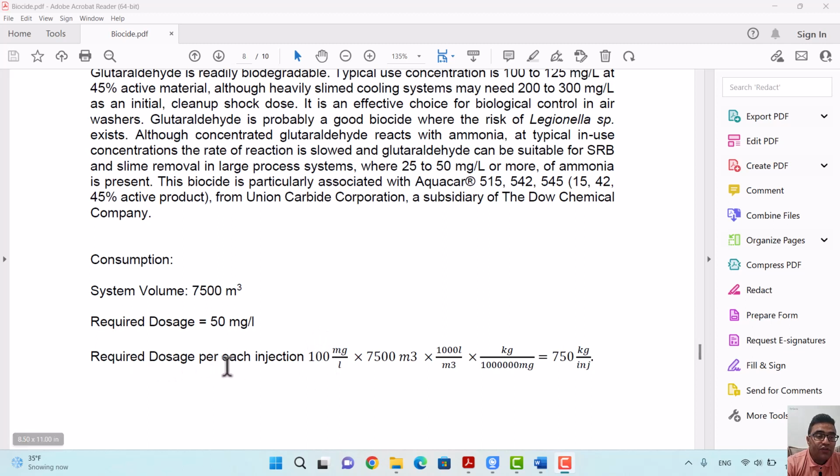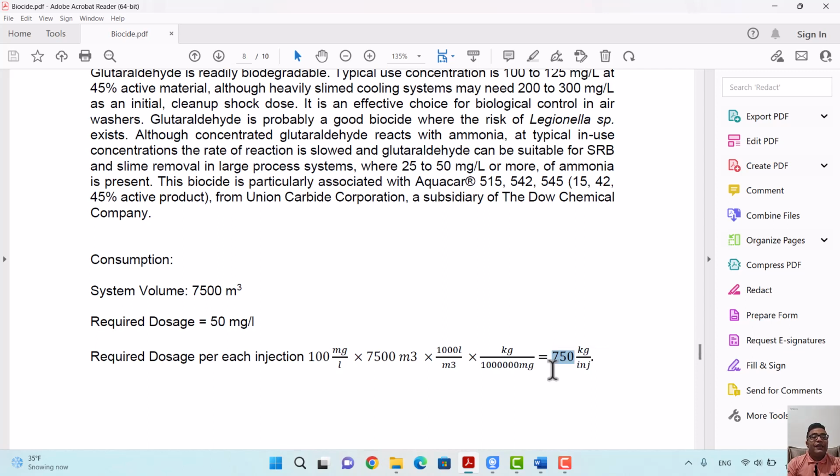The required dosage per injection is this one multiplied by the volume of the system, and here you can see the conversion between liter and cubic meter and between kilogram and milligram. Finally, you need approximately 800 kilograms per injection.